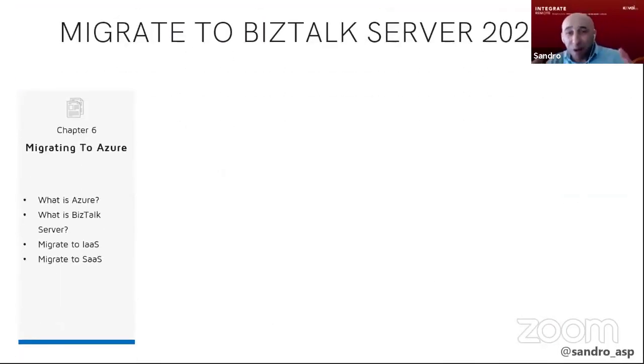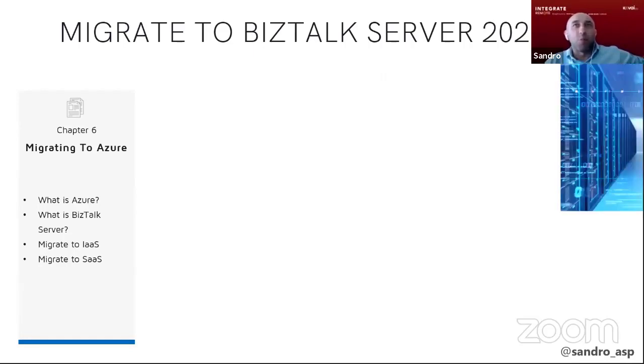And despite not being the goal of the book, the last chapter is migrating to Azure. So, what is Azure, what is BizTalk Server, migrating to infrastructure as a service or to software as a service. And actually I'm going to start this session speaking about this topic.